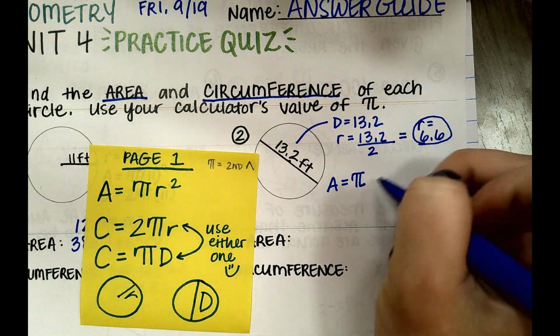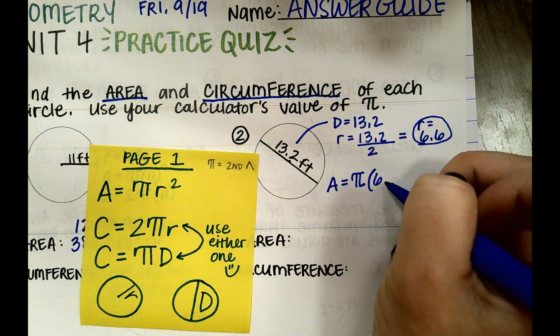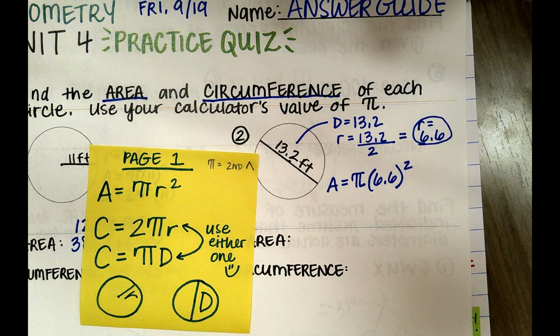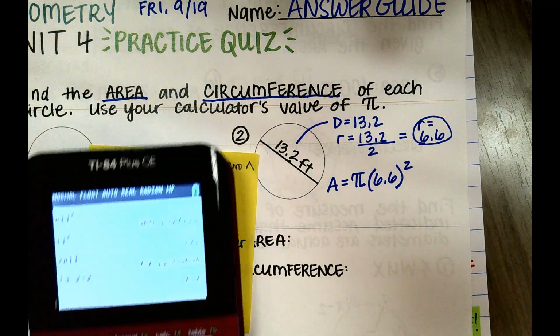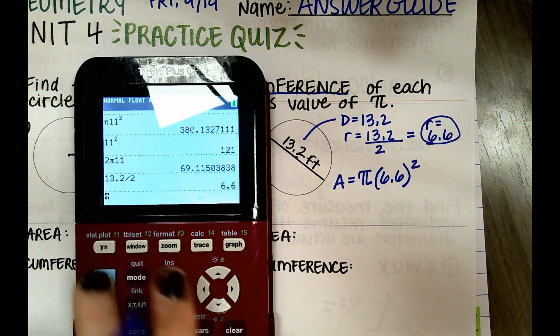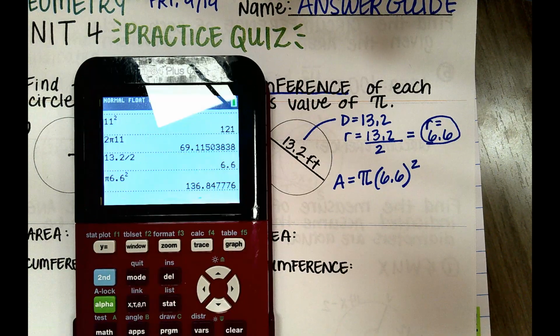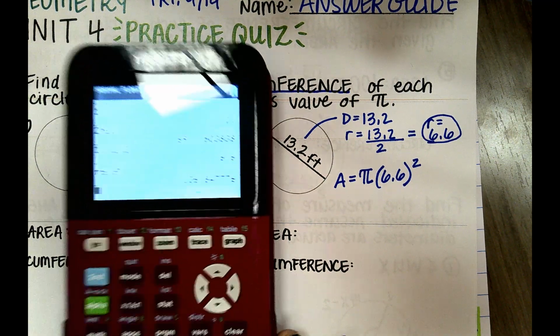Pi. Radius is 6.6 squared. I'm going to type that in. Get my approximate area first. Okay. I want to make sure everybody's getting the same thing as me.